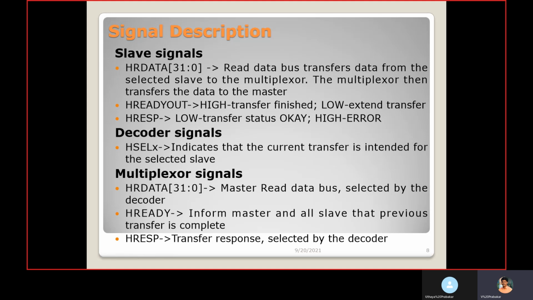Then slave signals. HRDATA is nothing but the read data, and is also 32 bits. The read data bus transfers the data from the selected slave to the multiplexer, and the multiplexer then transfers the data to the master.